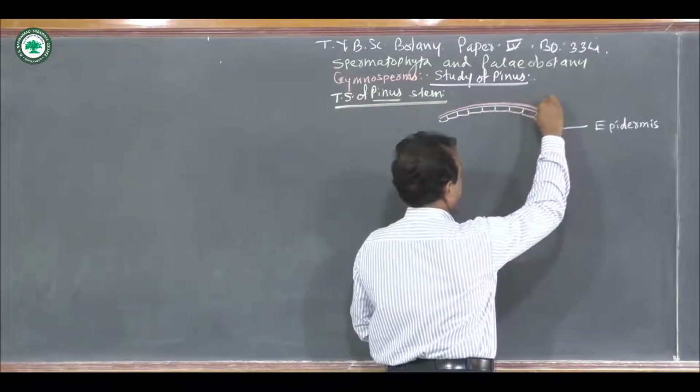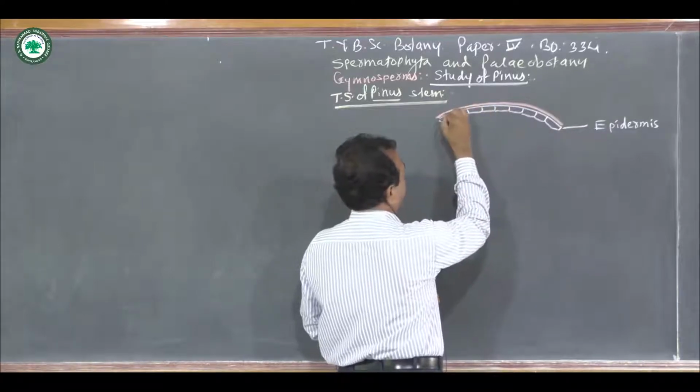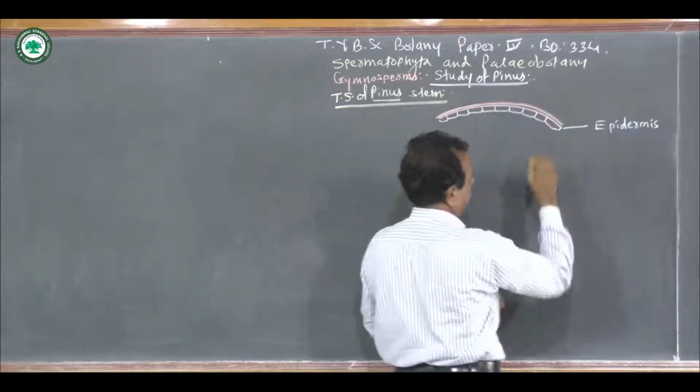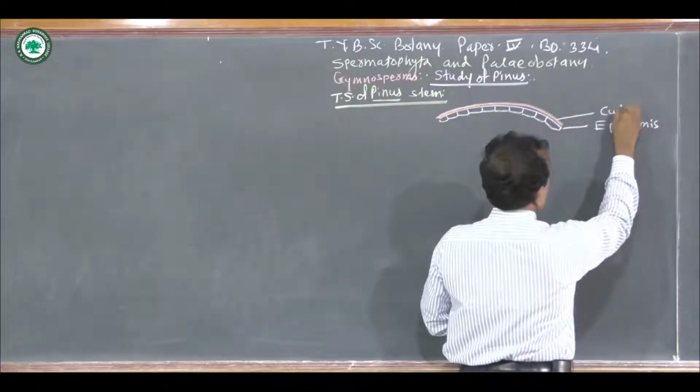This cuticle is nothing but a cutin substance. It gets deposited on the outer wall of the epidermis. So this is the cuticle.